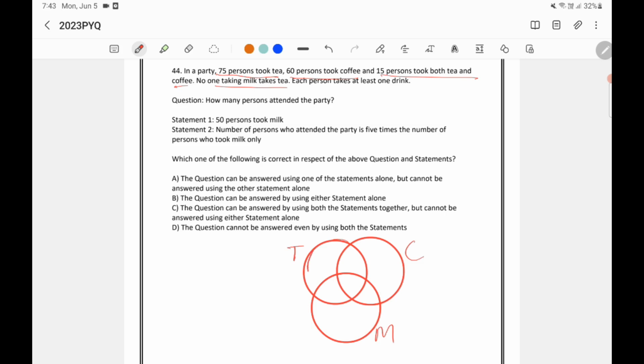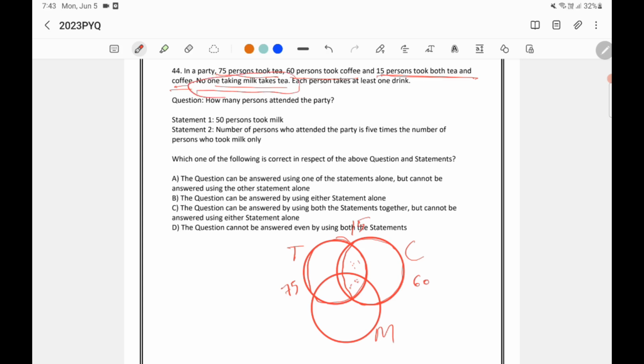So it says that 75% took tea. So this total circle will be having 75% and this total circle of coffee will be having 60%. Now it says that 15% took both tea and coffee. So the intersection of tea and coffee, that is both, will be having 15%. Now it also says that no one taking milk takes tea.